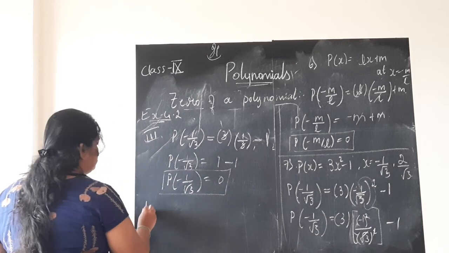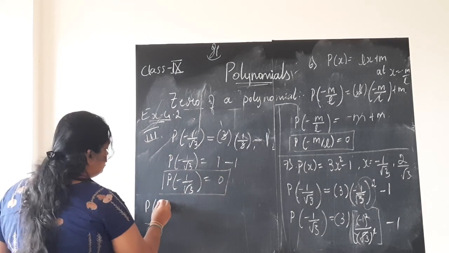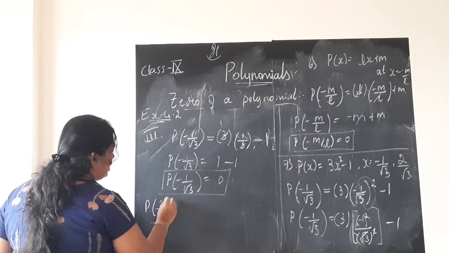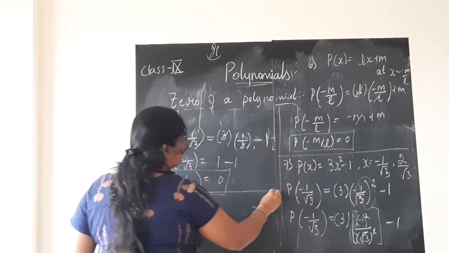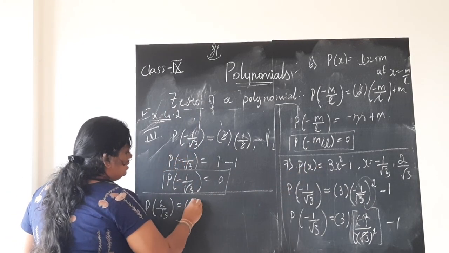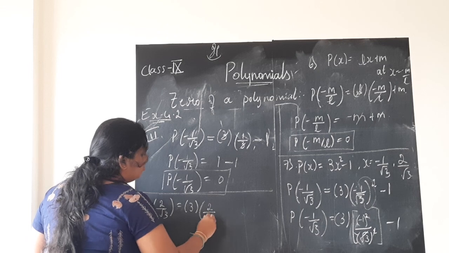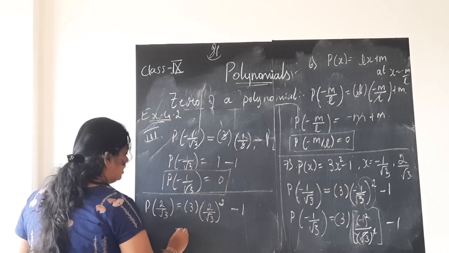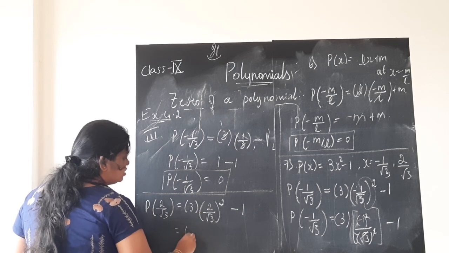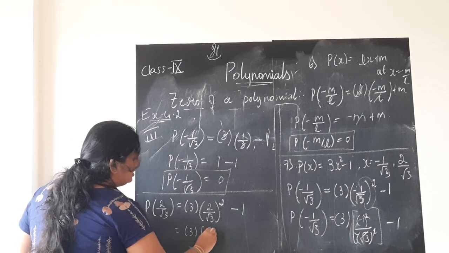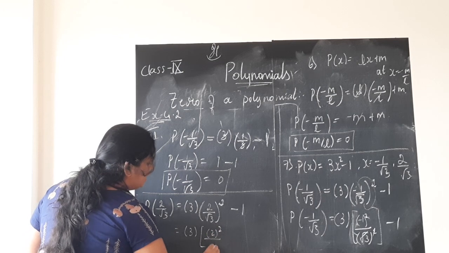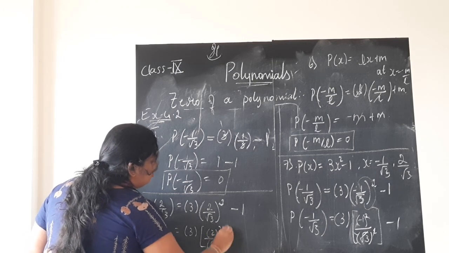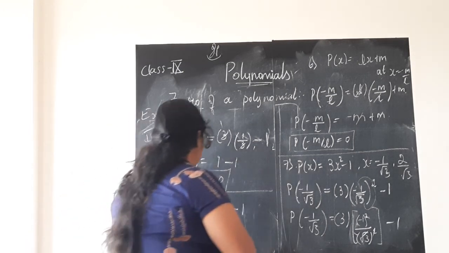Similarly, next we need to substitute x is 2 divided by square root 3 in P of x. So 3 as it is, in place of x square, 2 by square root 3 whole square, minus 1. Again I am applying the square individually to both the numerator and denominator. So 2 square divided by square root 3 whole square, minus 1.